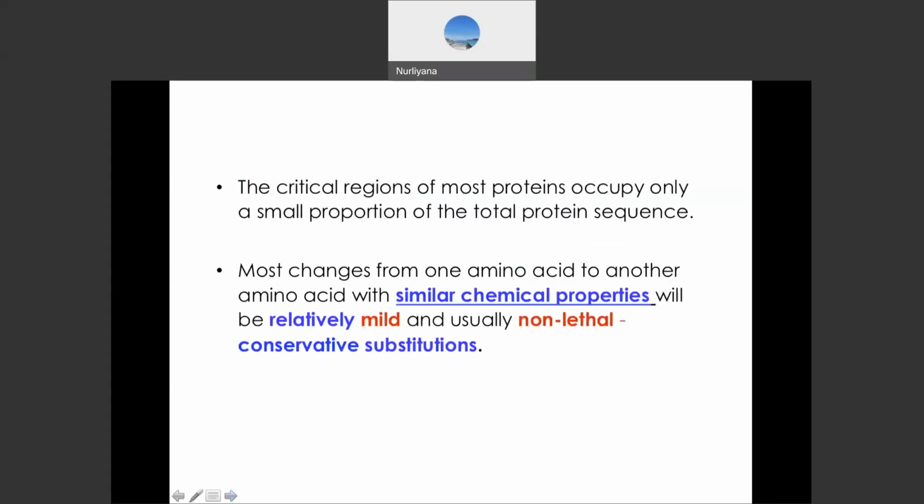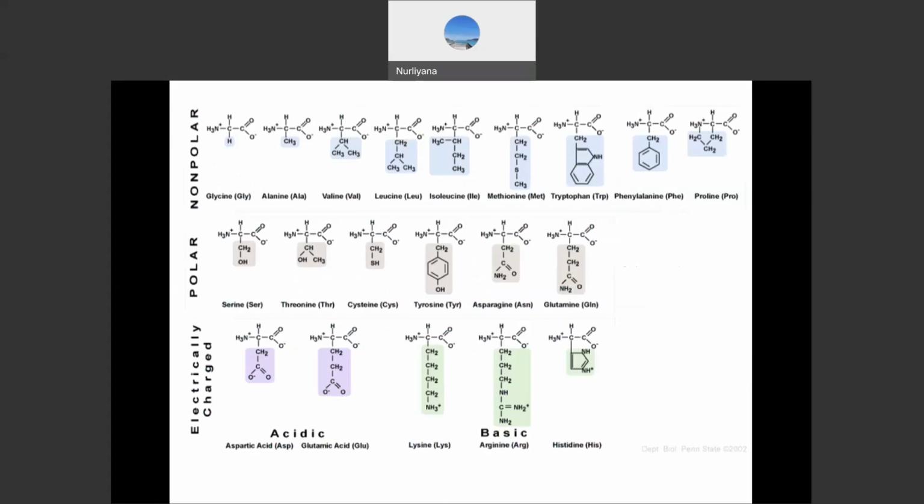So the critical case is that the change of one amino acid to another can give a different characteristic of the amino acid.